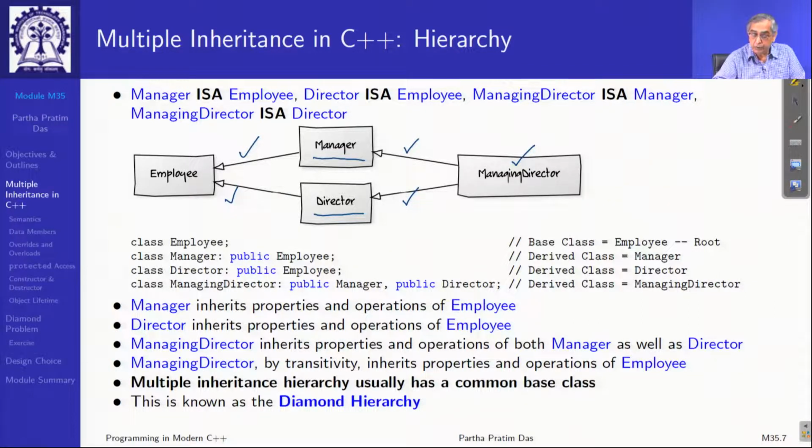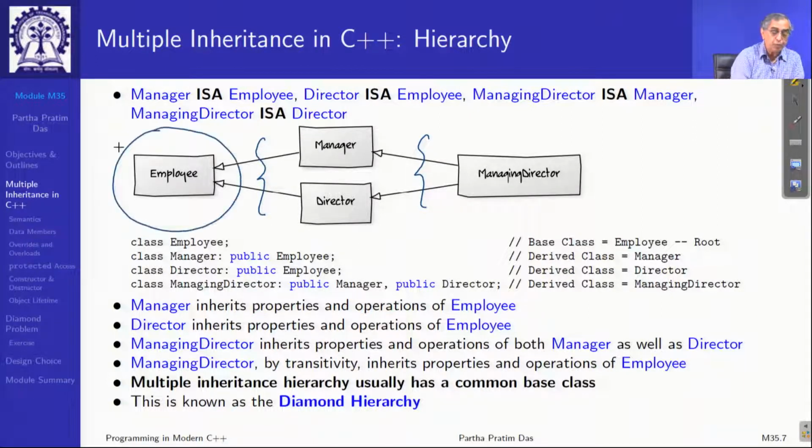So, here we see two different things coming out. One is that at this point we have a multiple inheritance. Now, when it inherits from two base classes, manager and director, they in turn actually inherit from a common base class. That is, the whole inheritance hierarchy has one root only, which is normally what we have seen in the case of single multi-level inheritance.